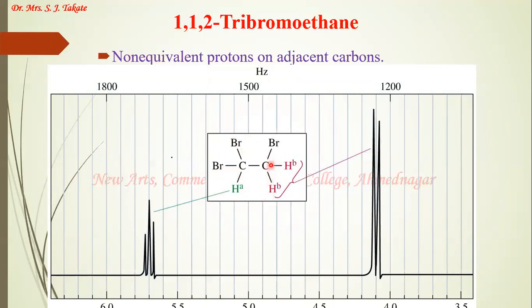These two protons are magnetically equivalent, and the Ha proton is magnetically different from these two Hb protons. As these two protons are chemically as well as magnetically equivalent, they give rise to only one signal. So we get a doublet for these two Hb protons, while the Ha proton gives a triplet.